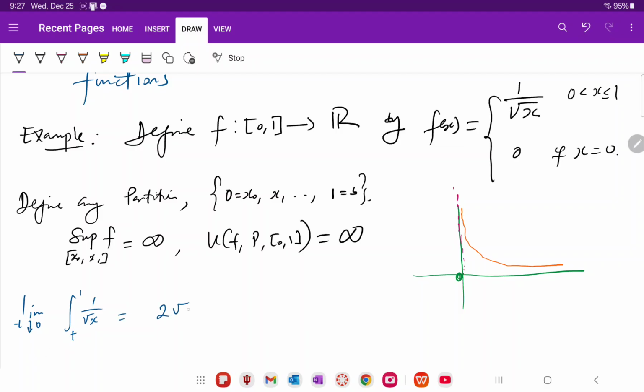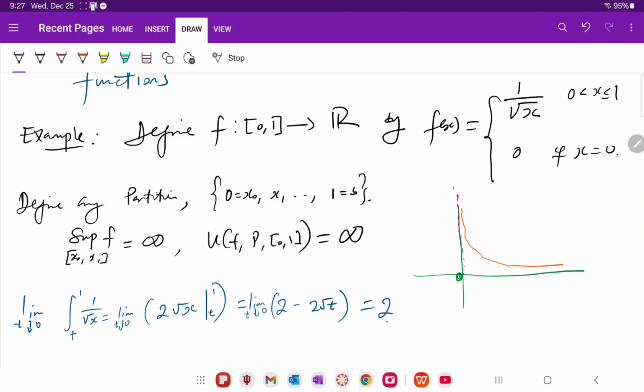Then integrating this, we have 2 root x, and the limit as t tends to 0 from t to 1 gives 2 minus 2 root t, and applying the limit, that will be equal to 2.